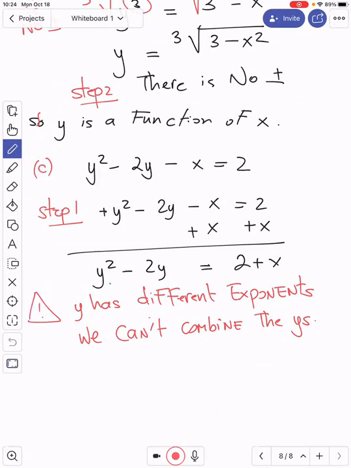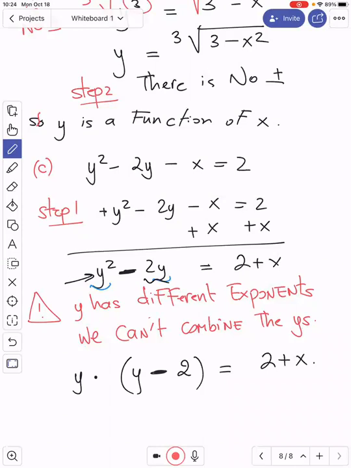We do have y here and y here, so we can factor out the y. To get y squared, we need to multiply y by y, and then there's this minus, and then 2y. If you pull out the y, you're left with 2. That's y times y minus 2 equals 2 plus x.